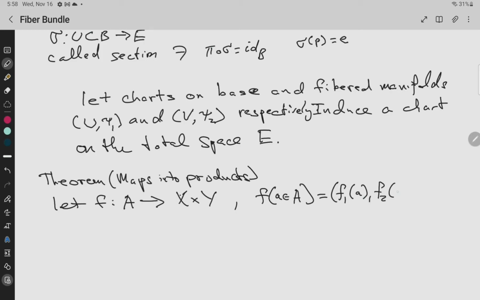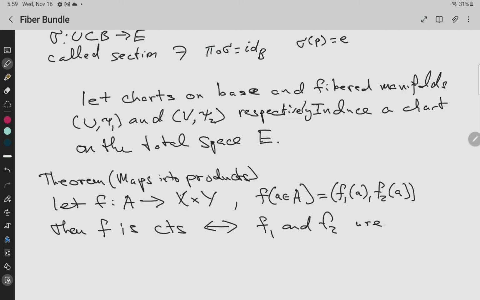Think of this as a parameterized curve into a two-dimensional surface, if you like. We need to show that f itself is continuous if and only if f1 and f2 are both continuous functions. So you have to show both ways. CTS means continuous.